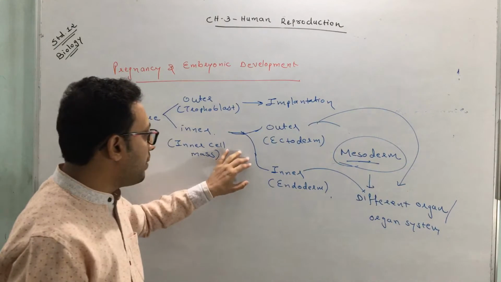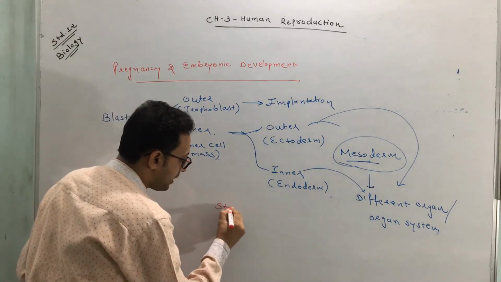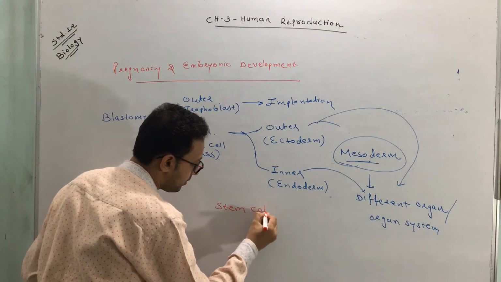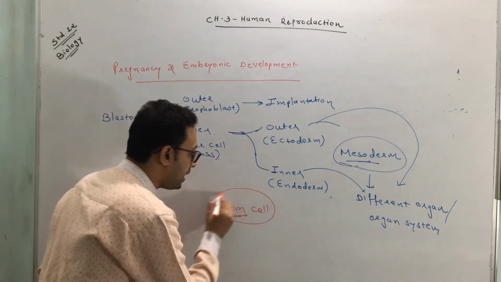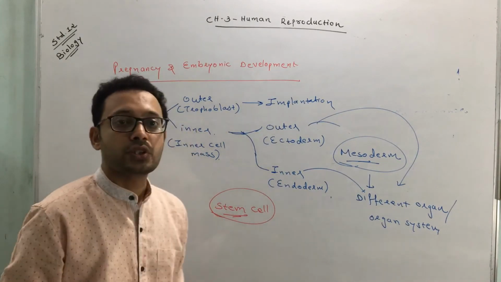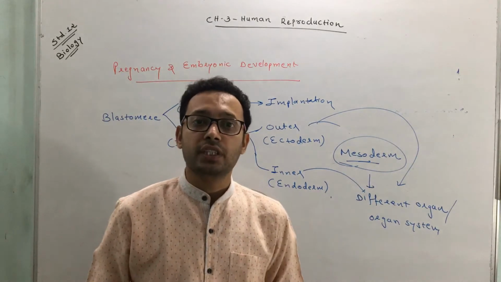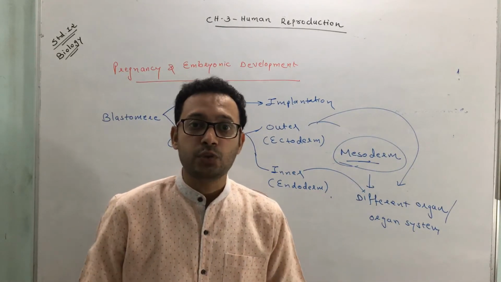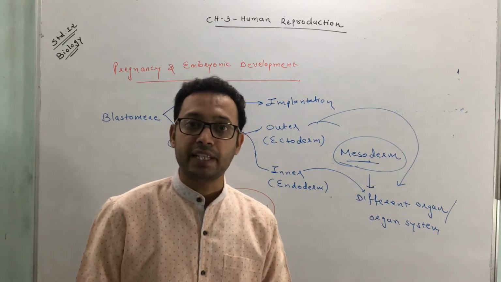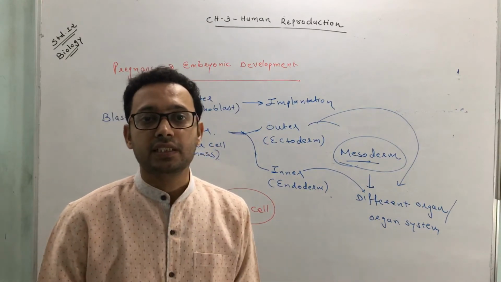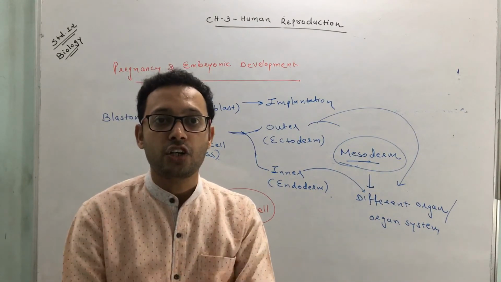In this inner cell mass, some of the cells act as stem cells. Okay, they act as stem cells. A stem cell has the capacity to produce any type of cell in the embryo, because you know that in the human body the cells present are not of the same type, they are of different types. Like the cell of an RBC, cell of a WBC, cell of a neuron, cell of a muscle, they are not of the same type.